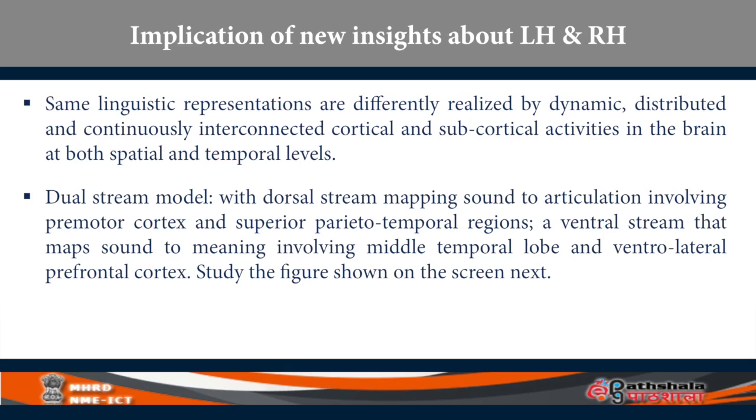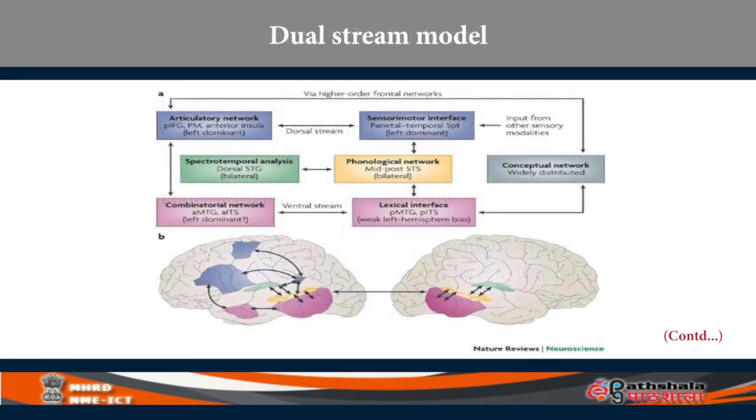The ventral stream maps sound to meaning, and meaning involves the temporal lobe. So the ventral stream is more into the temporal lobe, and the dorsal stream is more into the premotor cortex and things like that.